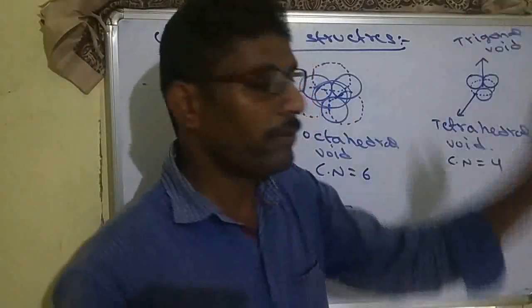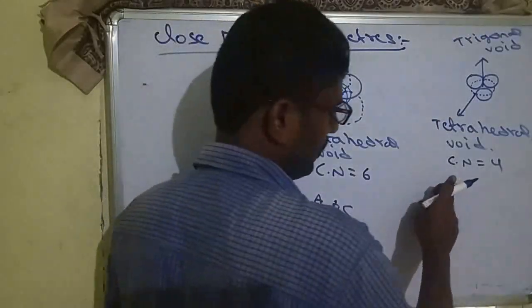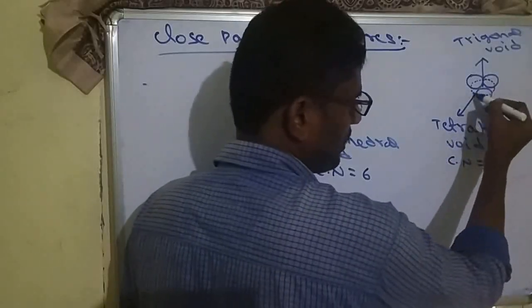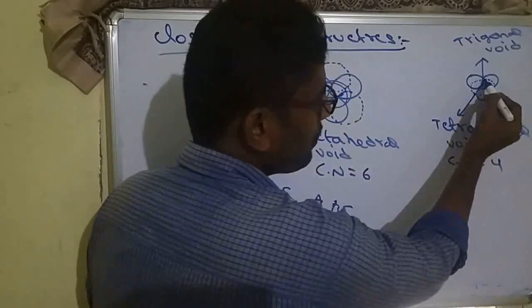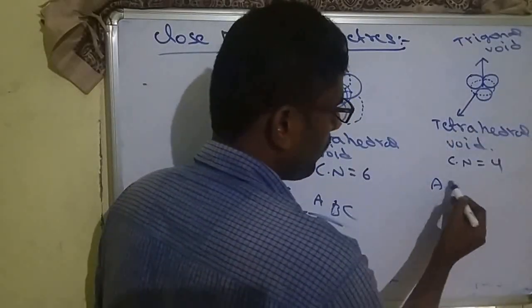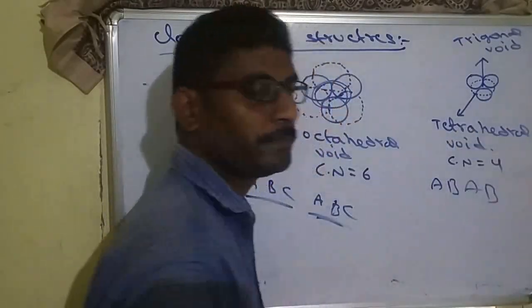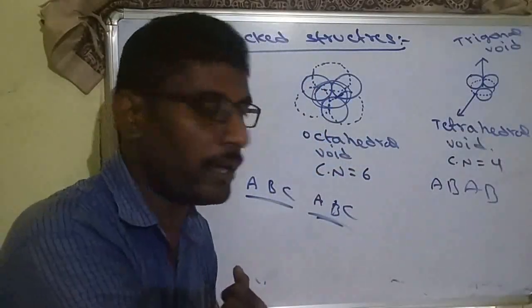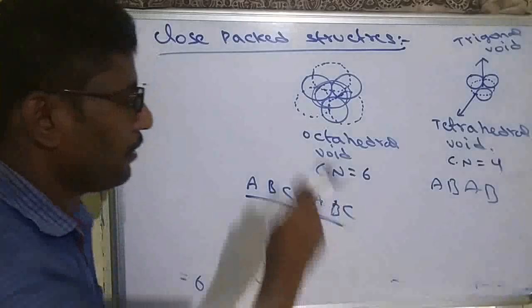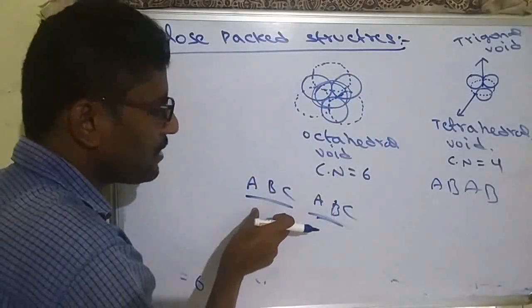But through tetrahedral voids, see this. If this is one layer, this is the second layer, both are different. When we are writing the back, the back is also similar to this one. It will become AB, AB. So through tetrahedral voids, when we are forming a three-dimensional structure, we get AB, AB. Through octahedral voids we are forming ABC, ABC.